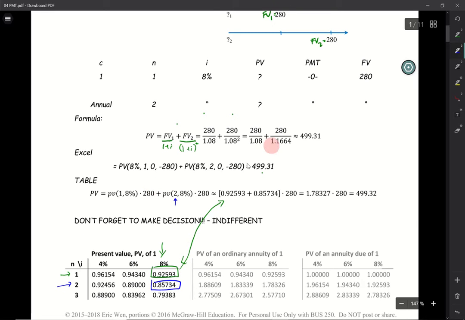So this value is actually 1 over 1.08, and this value is actually 1 over 1.08 squared, or 1 over 1.1664, and maybe a little bit more. And then this value goes over here. So you can add those up, and then multiply by 280, and you still get the same amount.